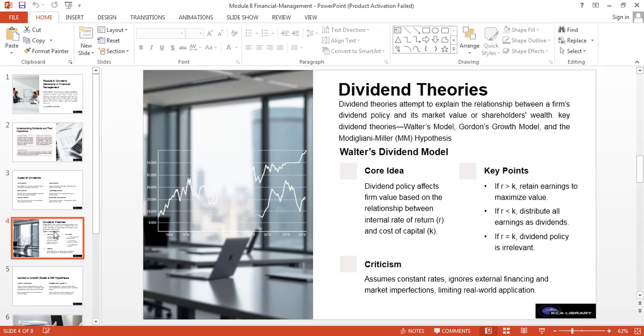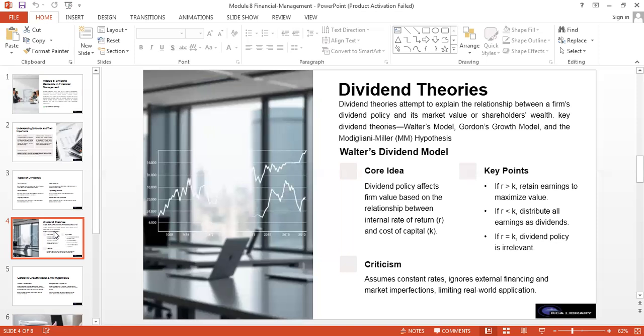For Walter's dividend model, what is the core idea of this model? Dividend policy affects firm value based on the relationship between the internal rate of return and the cost of capital. The key point is that if R is greater than K, you retain earnings to maximize value.